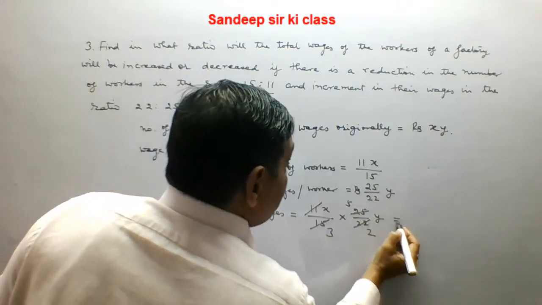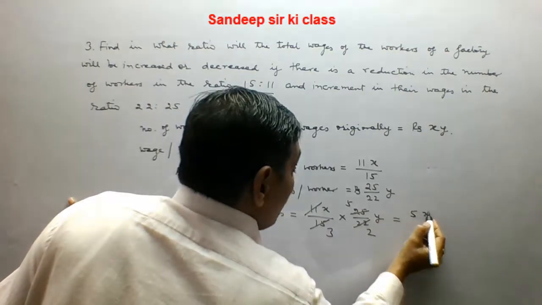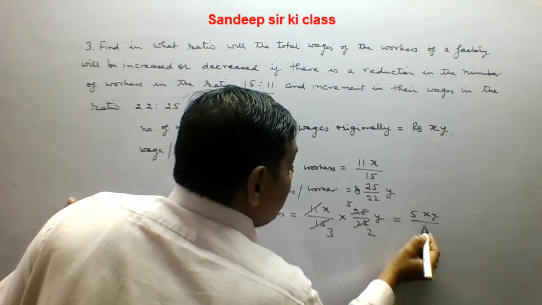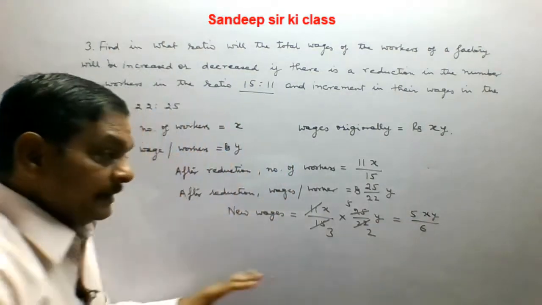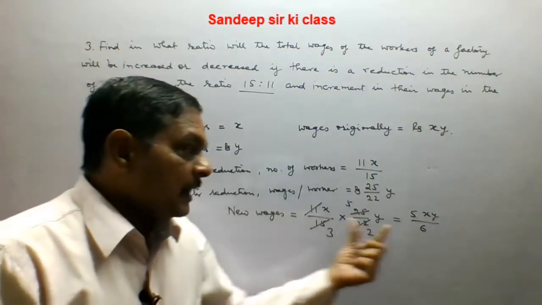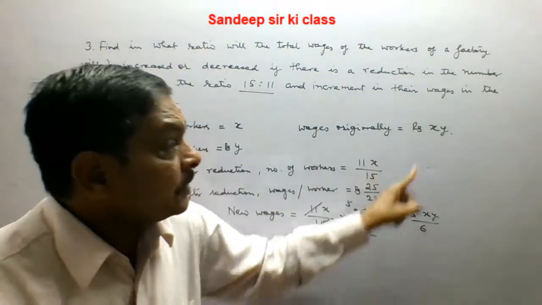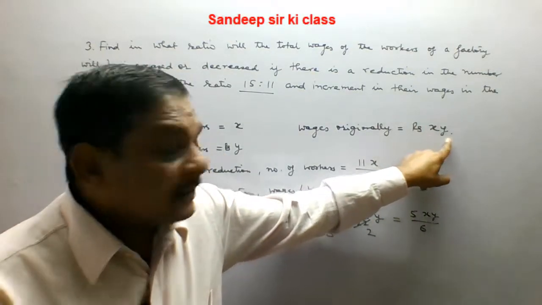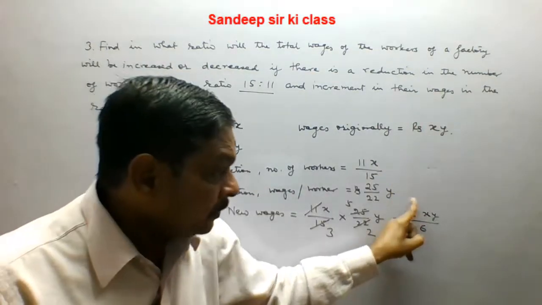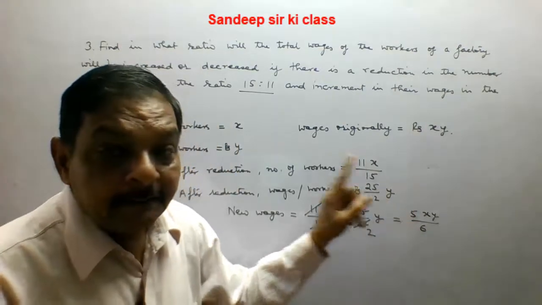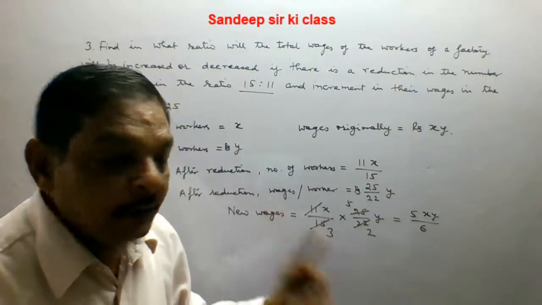We obtain 5xy upon 3 into 2 is 6. New wages are 5xy upon 6, which is a reduced number, because earlier the wages were xy, now they have become 5 upon 6 y, meaning the wages are reduced.